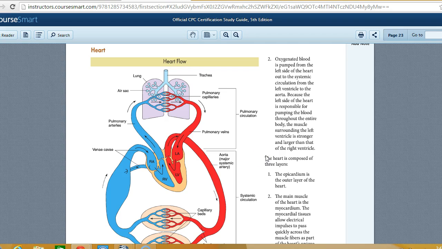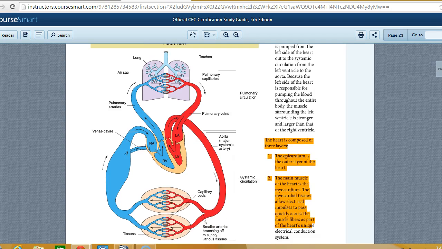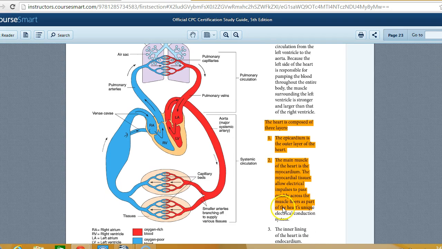Make sure you also know how the heart is composed of 3 different layers. The epicardium, or the outer layer. Epi always means outer or above. Then you have the myocardium. The myocardium, this is the heart muscle. This is the one that allows the electrical impulses of the heart to beat.